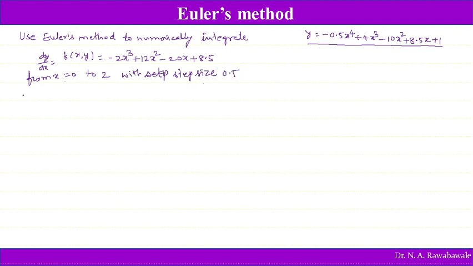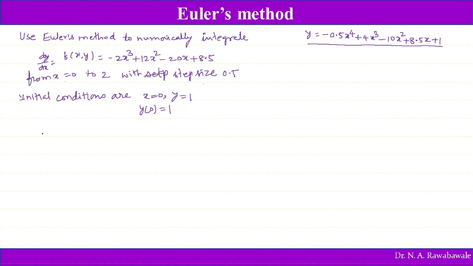Initial conditions are x is equal to 0, y is equal to 1. That is nothing but y0 is equal to 1.